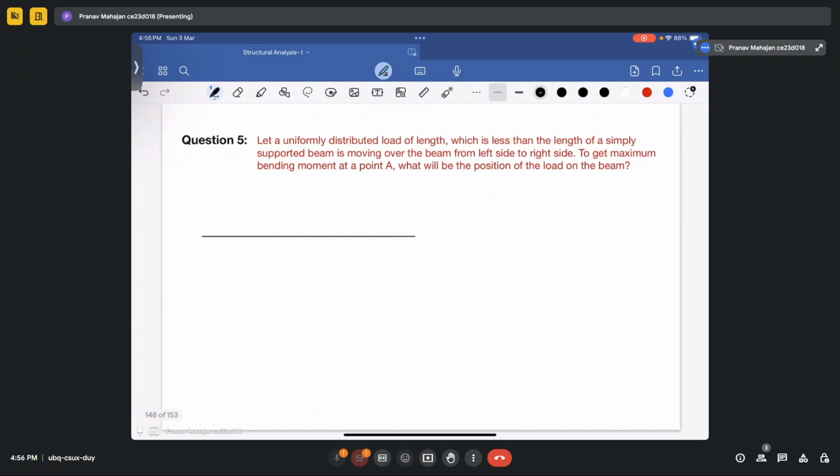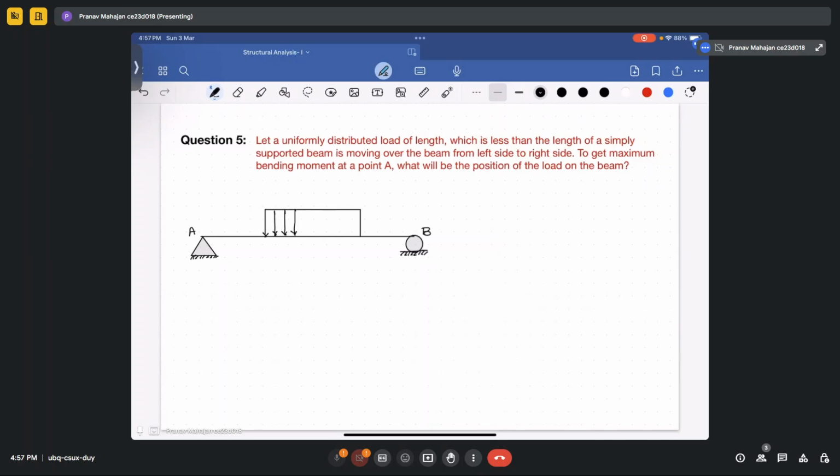Suppose you have a beam. We will take a simply supported beam AB. We will provide a UDL of length less than the beam length. See, this is the UDL which is less than the beam length.